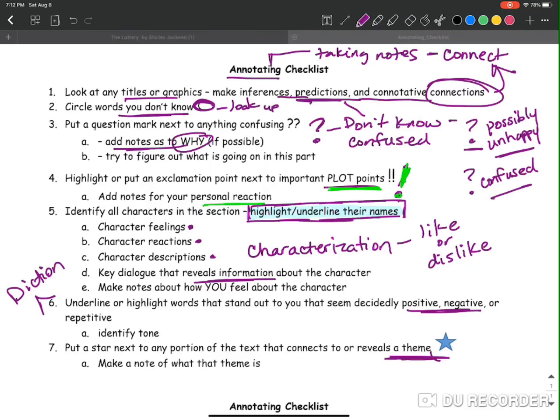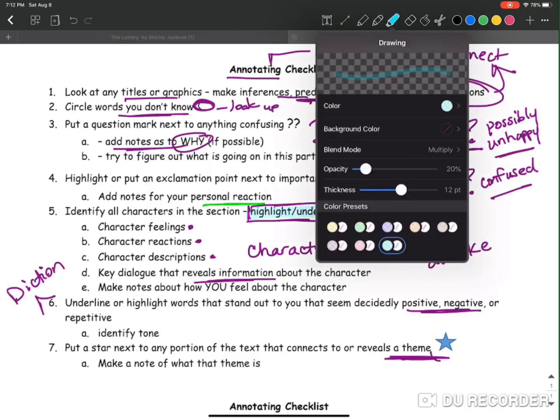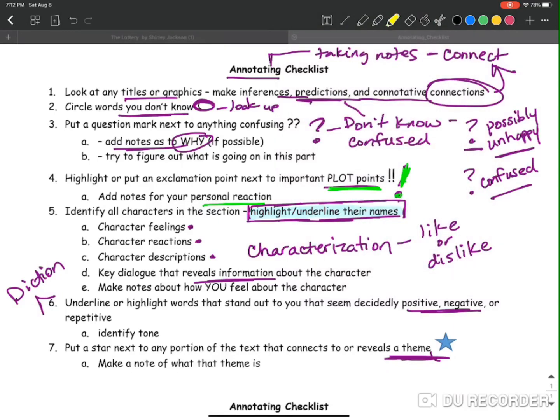So, obviously, you'd want the highlighter that you're going to use for the majority of the story. I always go with yellow. Yellow is usually my main highlighting color. So, if I highlighted the names in blue, I would do the rest of the highlighting in yellow, and I would underline or highlight words that stand out to me that seem positive or negative. And you'll see this as you go along.